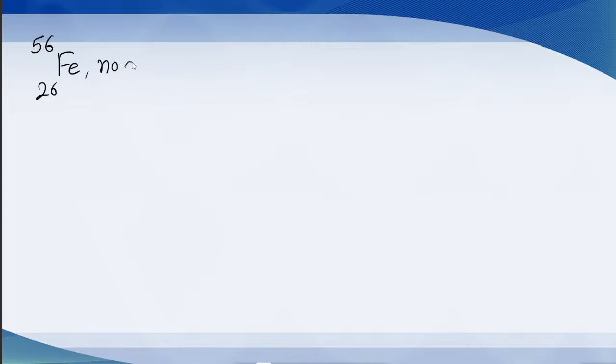So number of protons is equal to 26 and number of neutrons is 56 minus 26, which means 30.